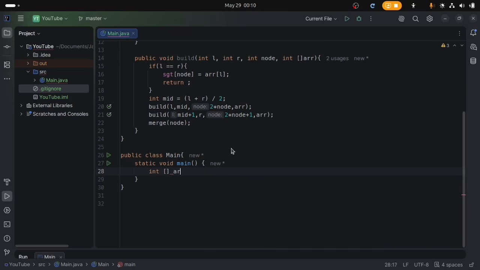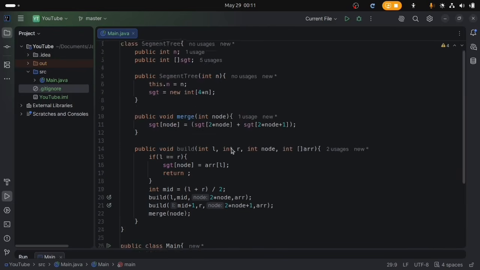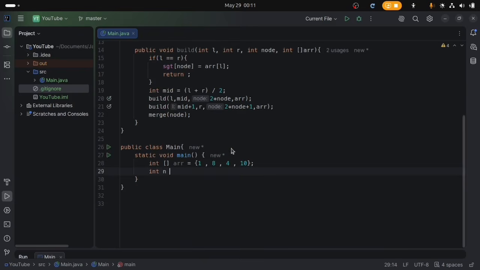Integer arr equals 1, 8, 4, 10. Integer n equals 4.